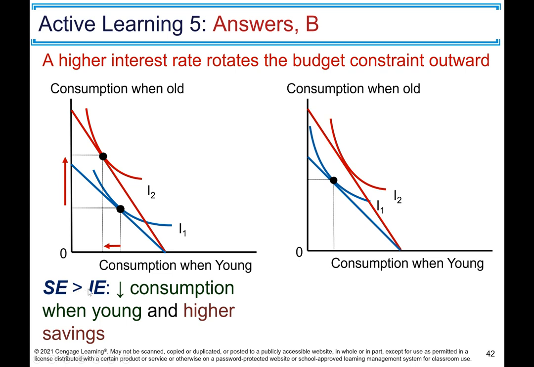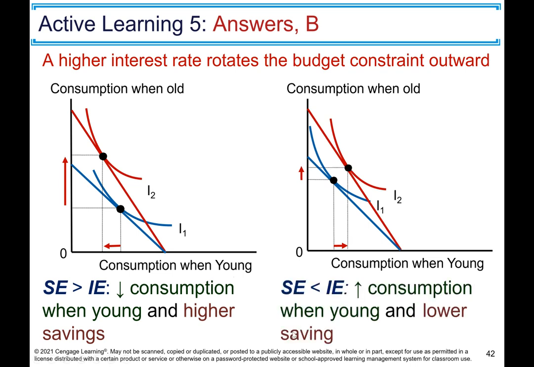When SE is greater than IE, there is a decline in consumption when young and higher savings. So when you're young, you reduce consumption and you save more. When the income effect dominates, that is, when SE is less than IE, consumption increases when young and savings are lower.